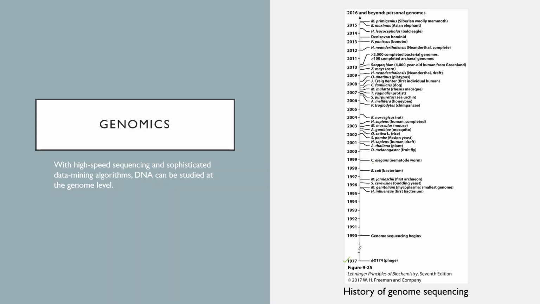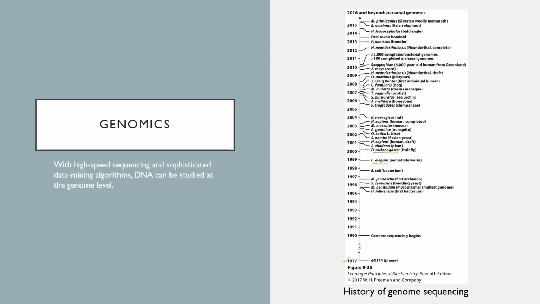Then C. elegans, a nematode worm, commonly used as a model animal in a lot of different research fields. Not long after that, you have fruit flies. Nematodes and fruit flies are both important model organisms for research. C. elegans was the first animal whose genome was sequenced, and the fruit fly shortly after that.